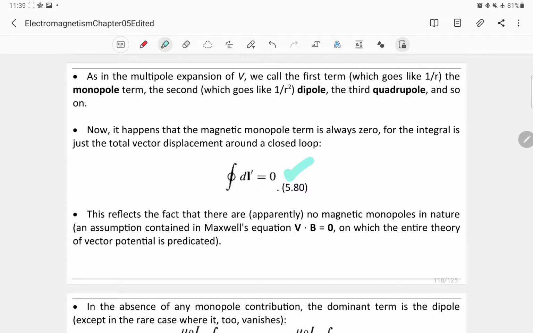And so this means that magnetic monopoles do not exist in nature, unlike point charge, where the electric field diverges from the point charge. In this case, by the way, this one is the divergence of B. So this is 0. This means that there's no monopole in nature.